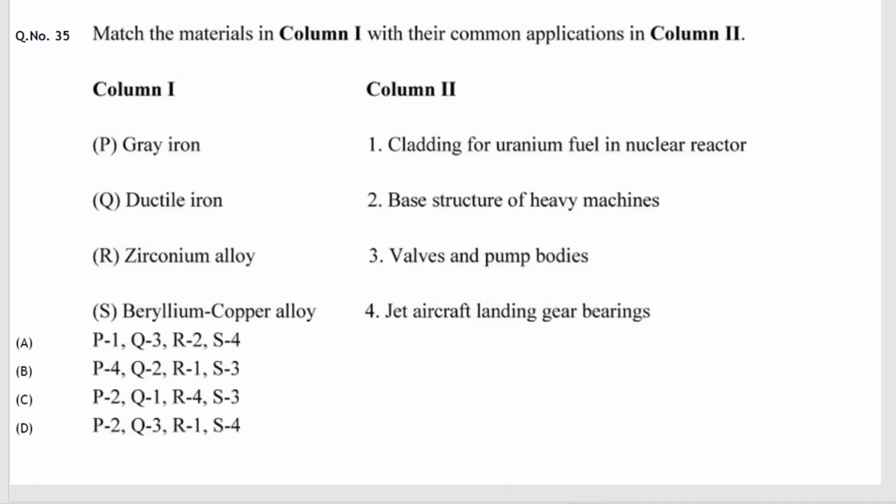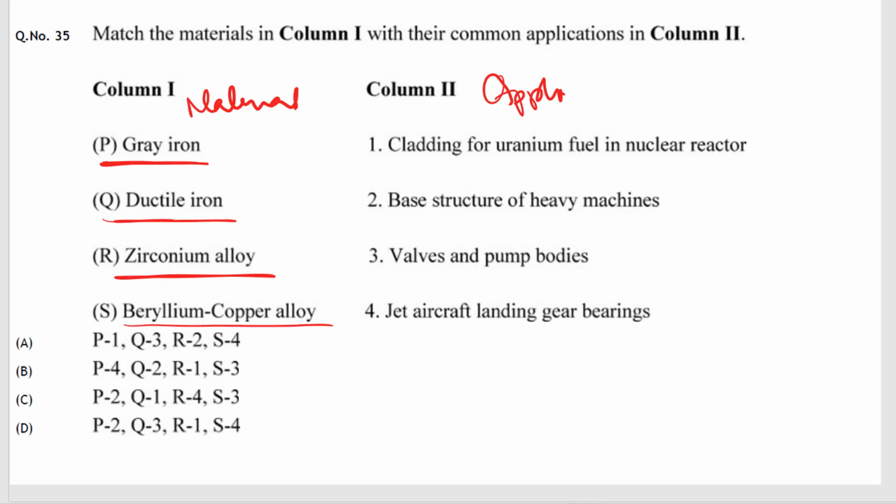This is a match type question. So question number 35. Match the materials in column 1 with their common applications in column 2. So column 2 is applications and this is material. First one is gray iron, ductile iron, then zirconium alloy, then beryllium copper alloy, right?